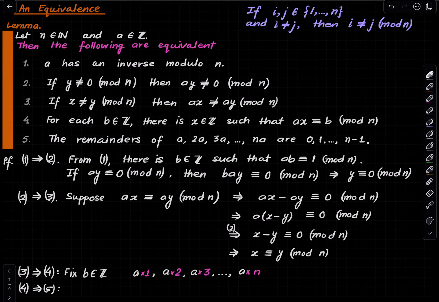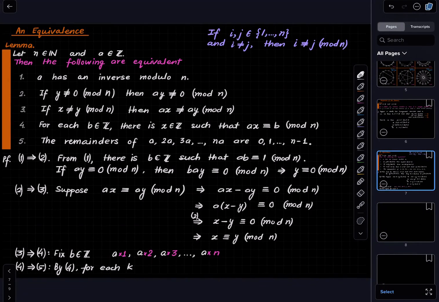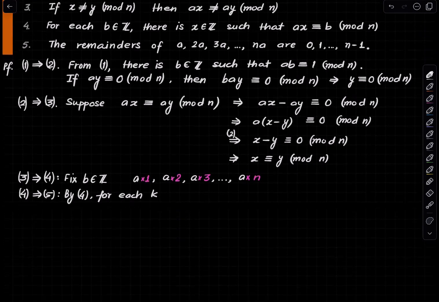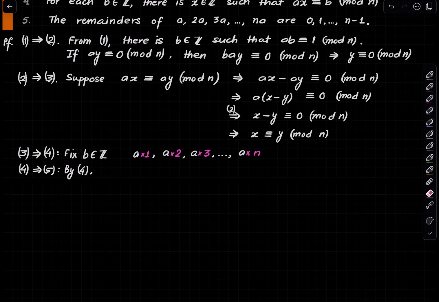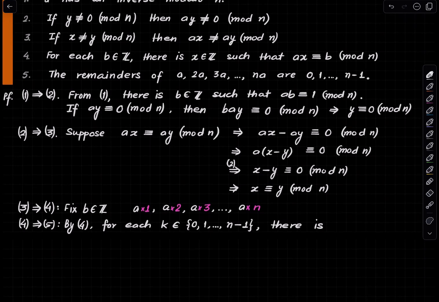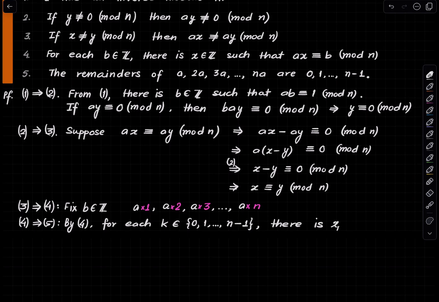So by 4, for each k in this set, there is some integer x sub k, such that this happens.